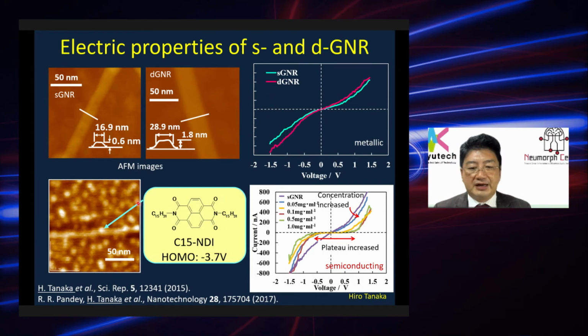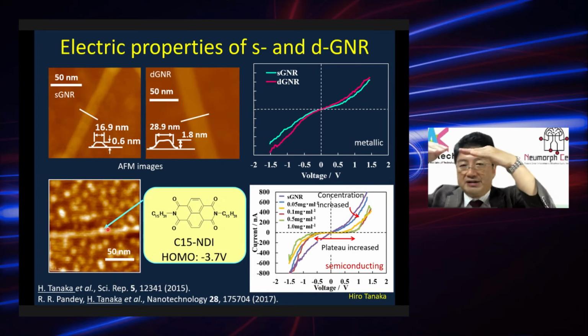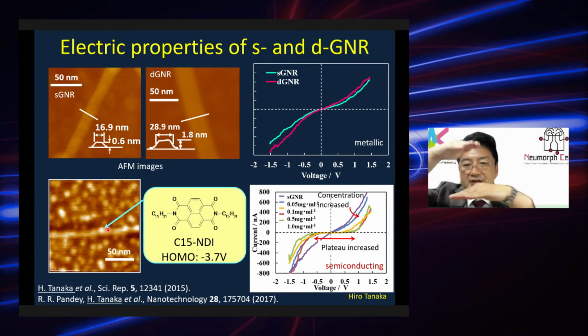And we can also functionalize the graphene nanoribbon by using a planar molecule like this. The planar molecule can attach to the graphene nanoribbon because of pi-pi stacking. Graphene also has a pi density electron, and the planar molecule has a pi electron, so the pi-pi stacking can be obtained and it easily attaches to the graphene nanoribbon.